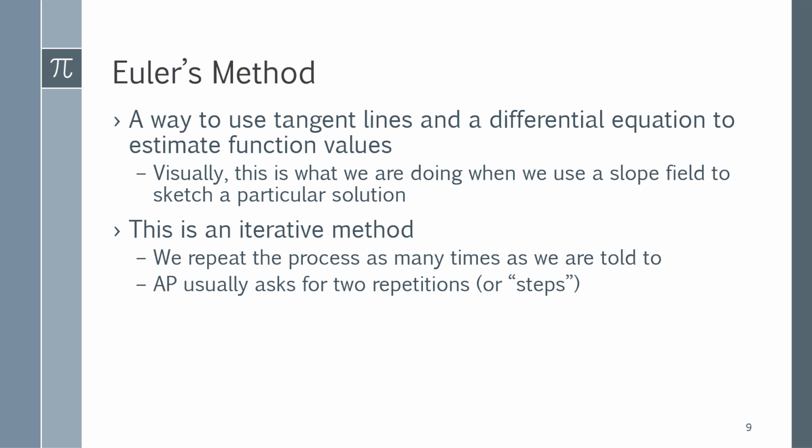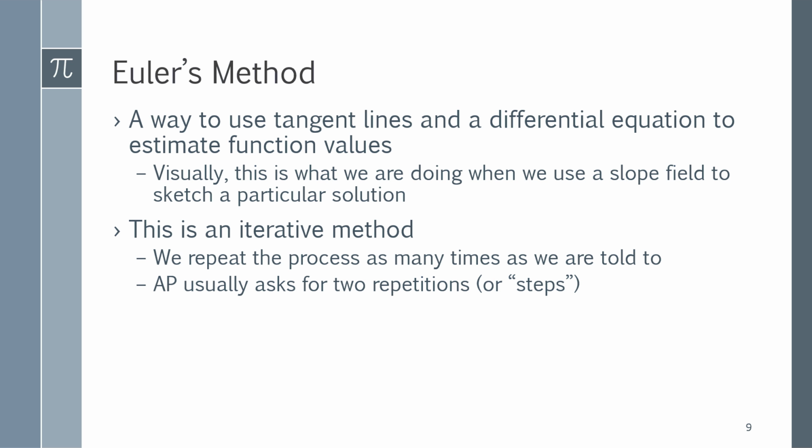For the AP exam, it's typically 2 repetitions, or what we call steps. So they may say something like, use Euler's method to estimate this using 2 steps. Occasionally, it's 3 steps. Technically, we've done it with 1 step when we did linearizations, but we are going to take this further.